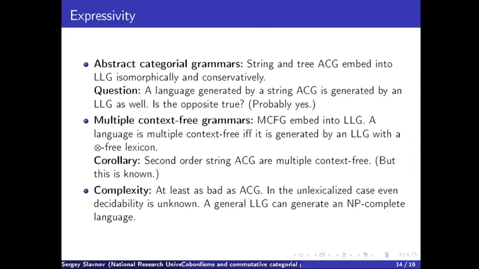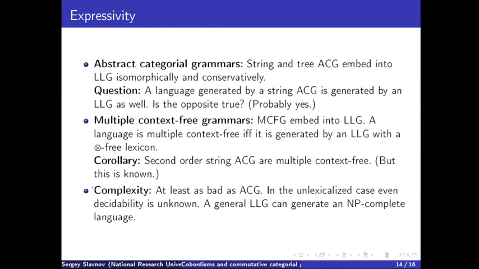It's an open question whether in terms of generated language, these LLG are strictly equivalent to string ACG, or maybe they're a little bit more expressive, but I think that they're equivalent. Another nice expressivity result is that a language is multiple context free if and only if it is generated by an LLG with a tensor-free lexicon. This, by the way, implies the known result that second order string ACG are multiple context free.